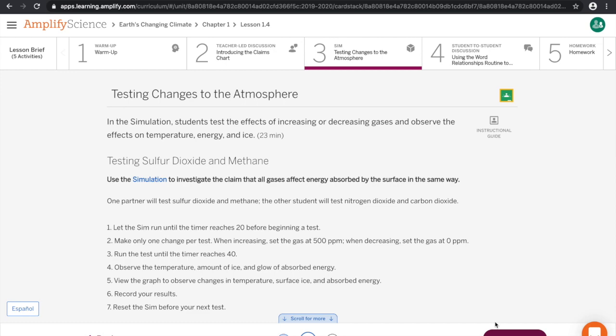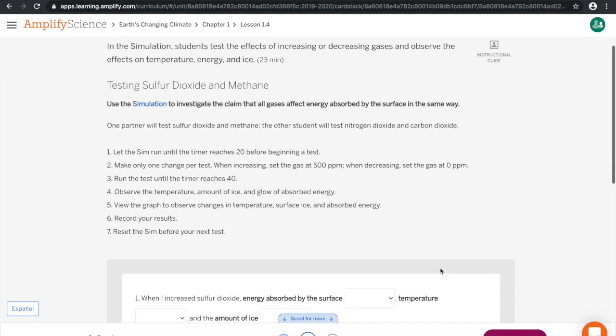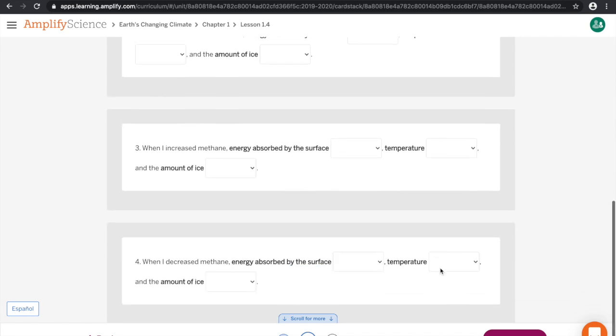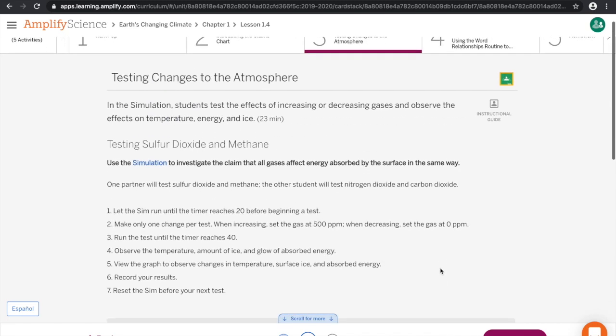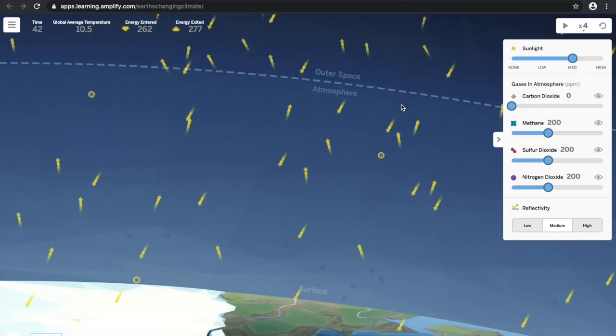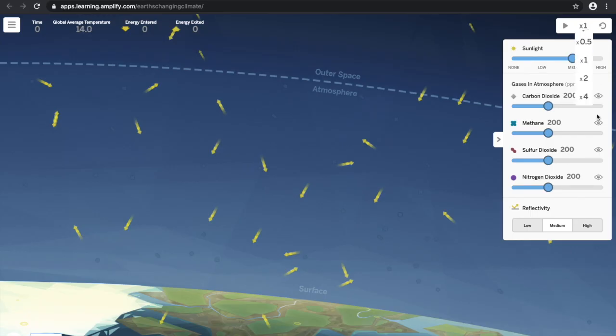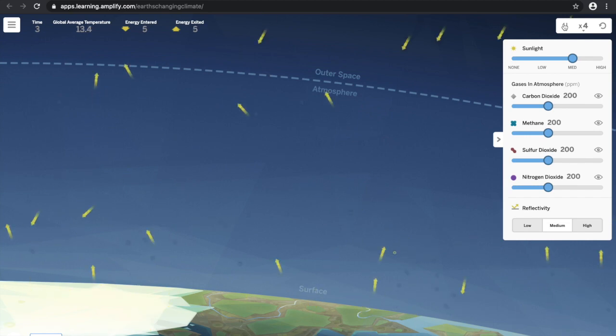Save and continue. We're going to continue this again for sulfur first and then methane. Play to 40 times the units.